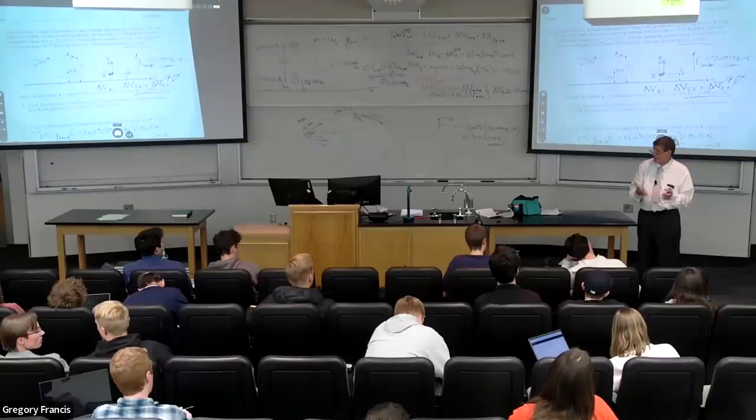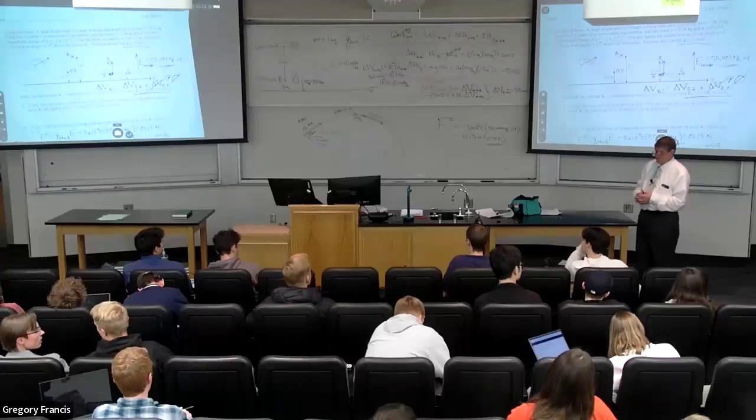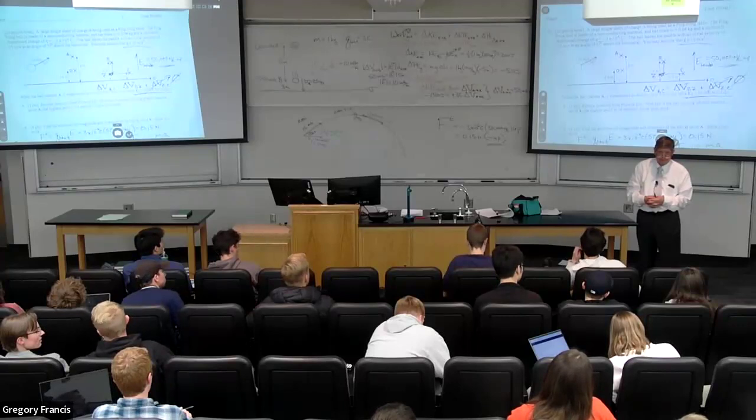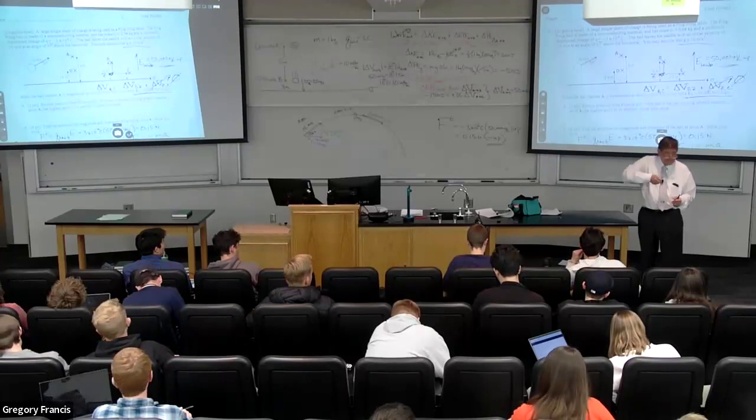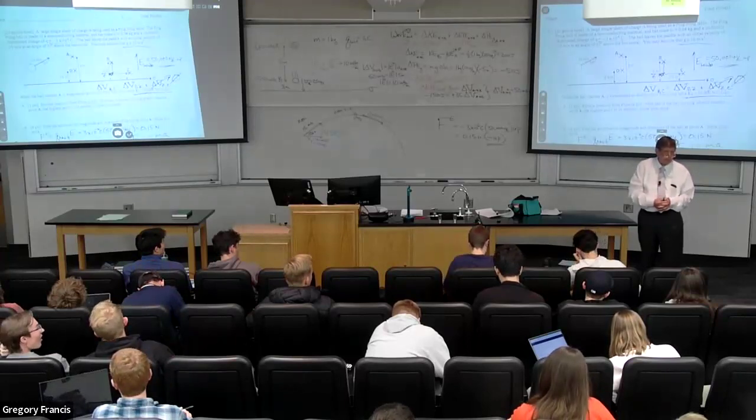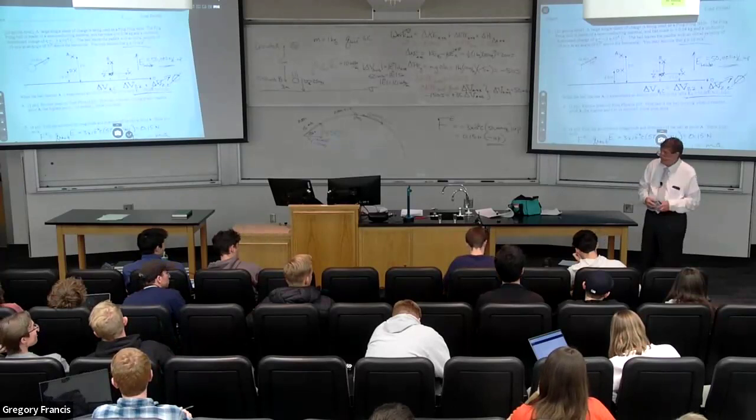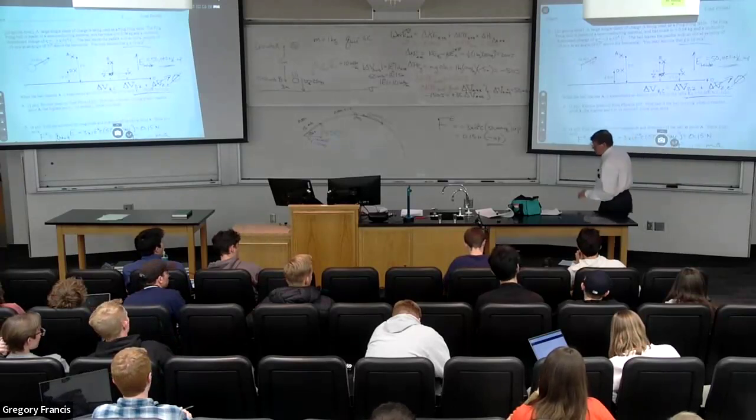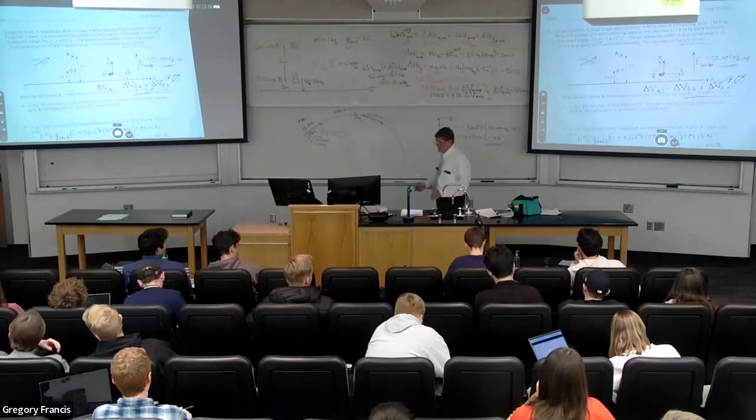Well, that path from B to Z is opposite the field. So I'd have to push in the same direction that it's going, so I'd have to do positive work. And the work that I would have to do would be given by the Ed equation.